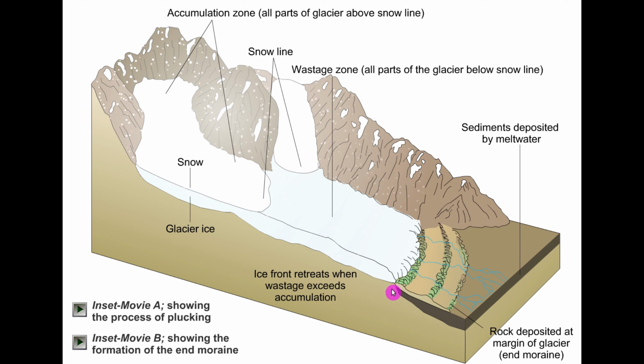So the other thing that could happen is the opposite, where you could have had a series of recessional moraines, right? You could have had a small pulse and then it melts back, and then a bigger pulse and it melts back.